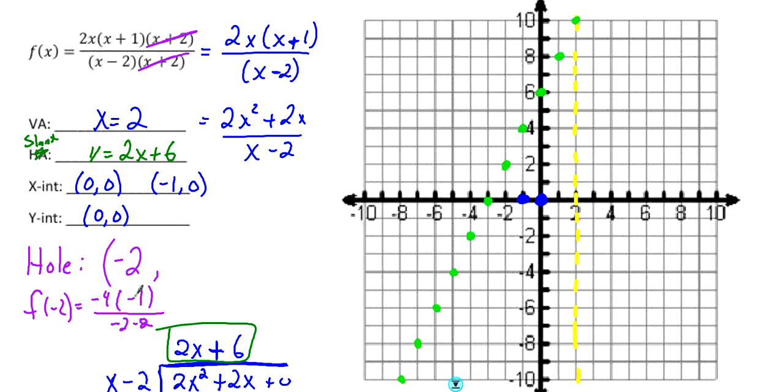So -4 times -1 is +4, and that's over -4, so it's at -1. So my hole is at (-2, -1), which means my hole is right there.